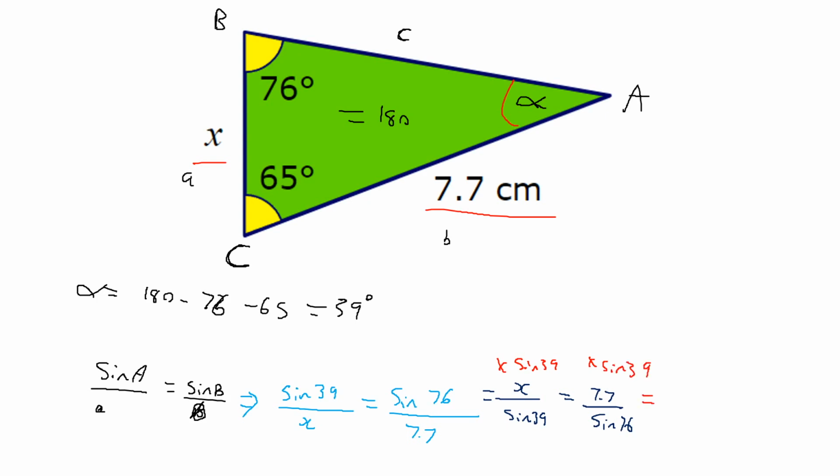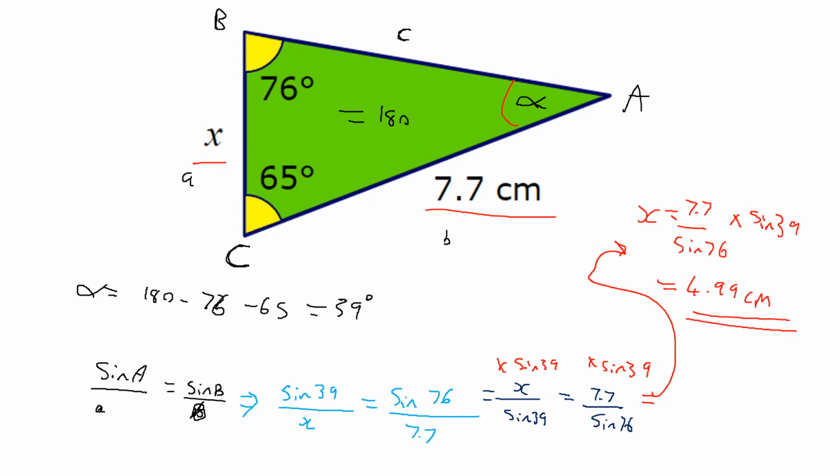And so what we're left with is x is equal to 7.7 over sine 76 times sine 39. And so when we plug all of that into our calculator, we are left with an answer of 4.99 centimeters.